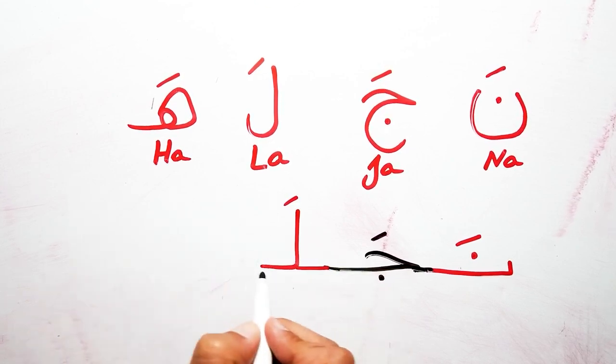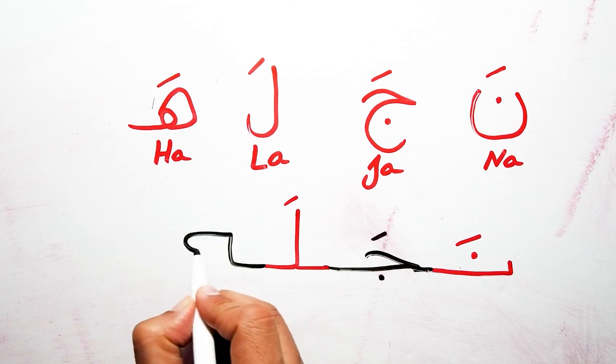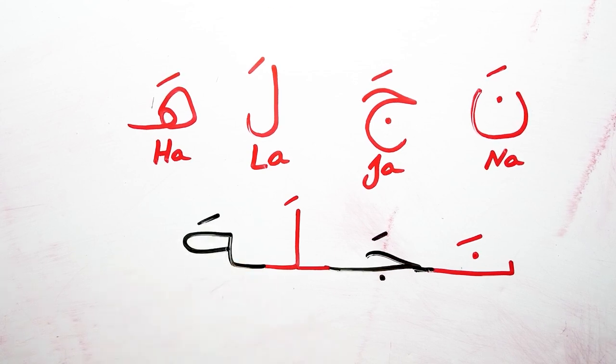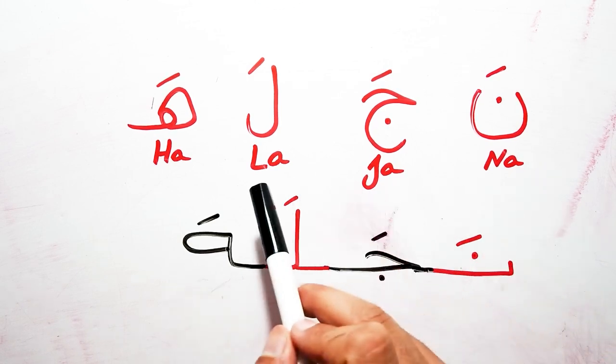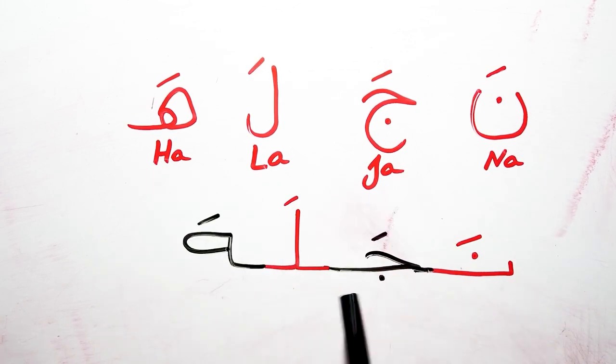And finally we have he, like this. Let's read. Ne, je, le, he. At the normal speed. Najalaha, najalaha.